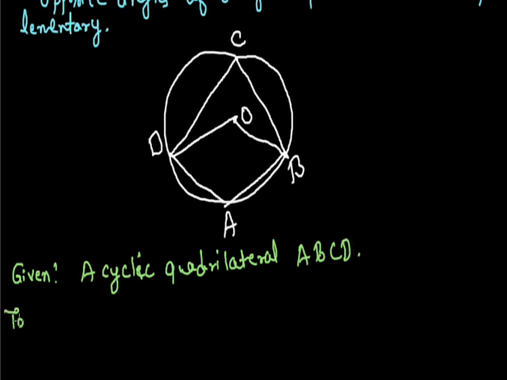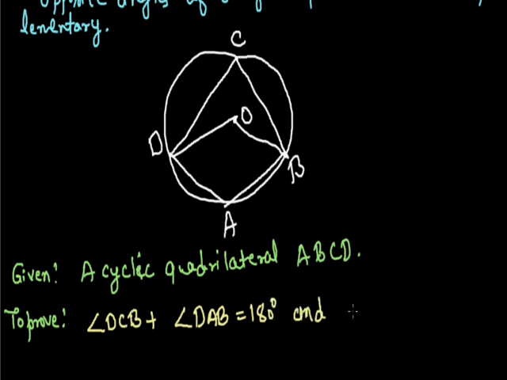To prove: angle DCB plus angle DAB is equal to 180 degrees and angle ADC plus angle ABC is equal to 180 degrees.